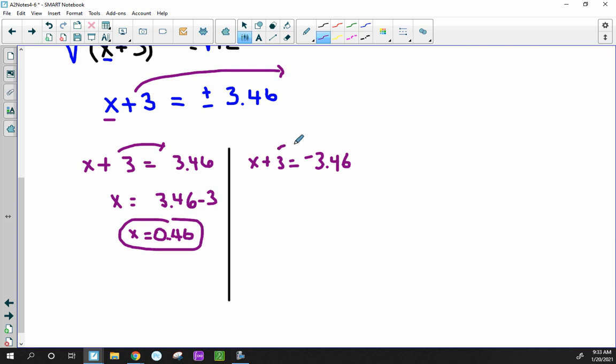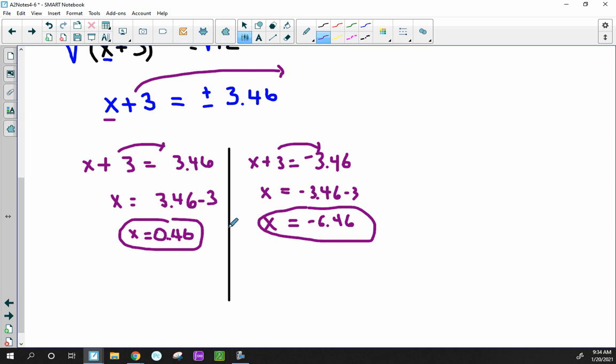Okay, second equation you solve by transposing. Okay, when you do that, you get x is equal to, and that's going to be a negative 6.46.